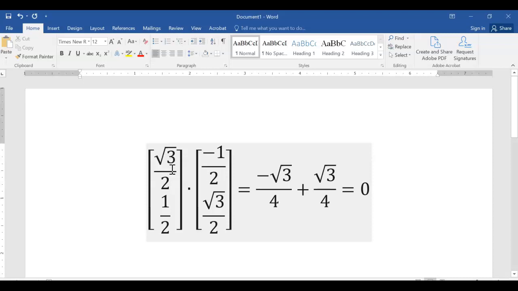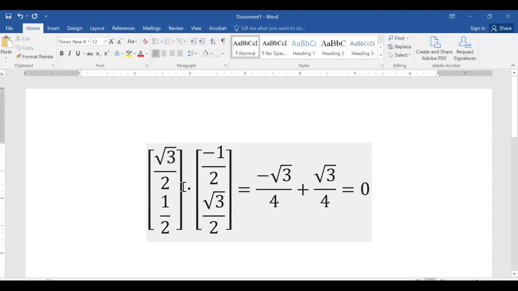And if I take root 3 over 2 multiplied times negative 1/2, I get negative root 3 over 4. If I take 1/2 times root 3 over 2, I get a positive square root of 3 over 4. Add those together and you get 0. So yes, these two vectors are orthogonal. Therefore, the set is an orthogonal set.